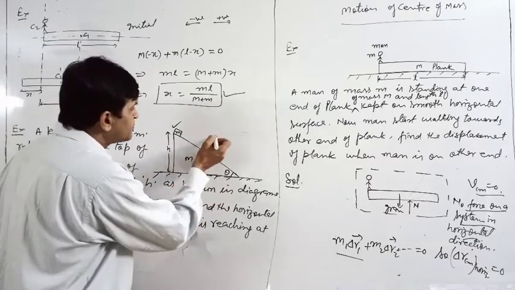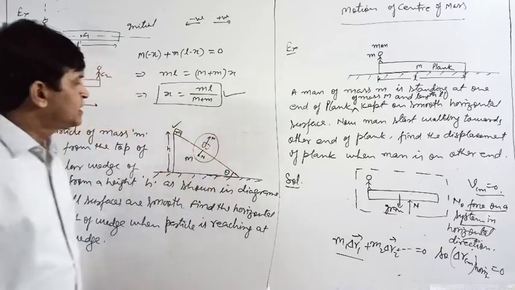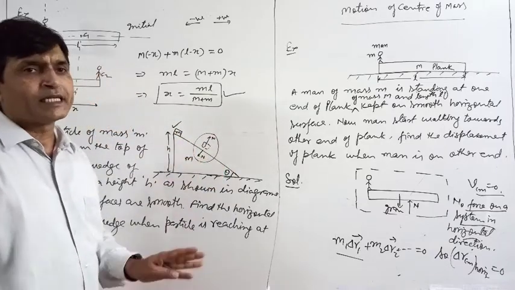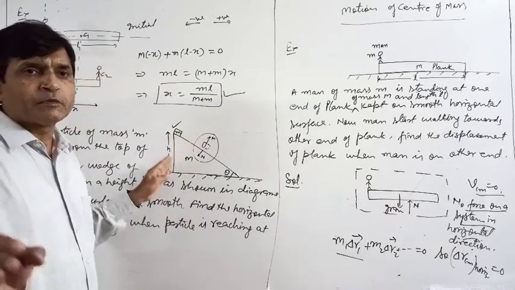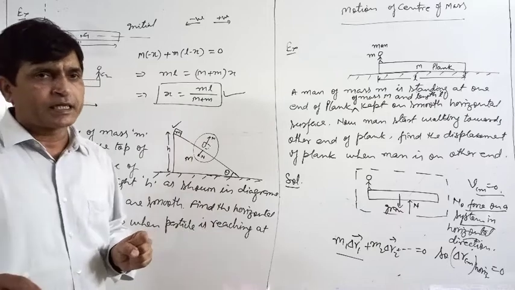But overall, if you see both together, they are equal and opposite and cancel. So there is no horizontal force in the system, only vertical forces.